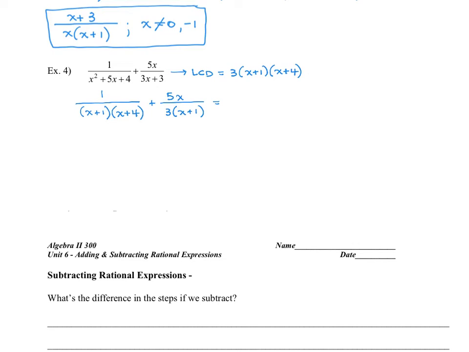So in the left-hand fraction, I'll need to multiply the numerator by 3, keeping all the pieces of the least common denominator, and the right-hand fraction by x plus 4 in both the numerator and the denominator.